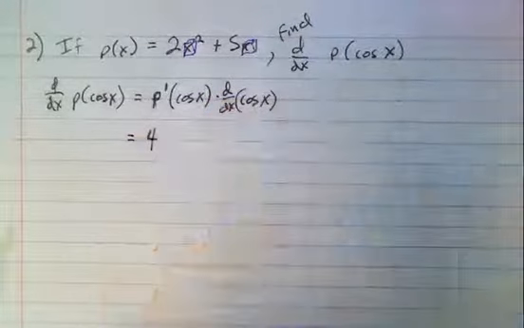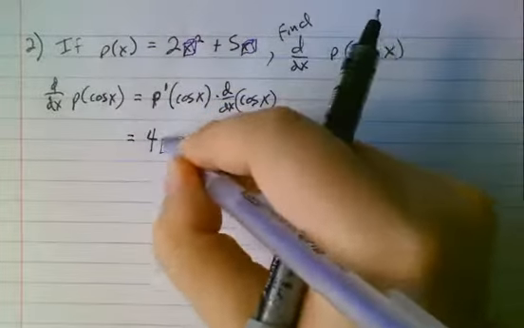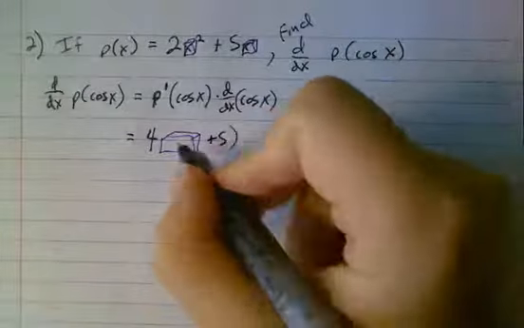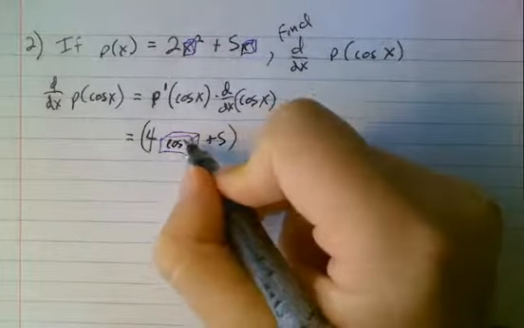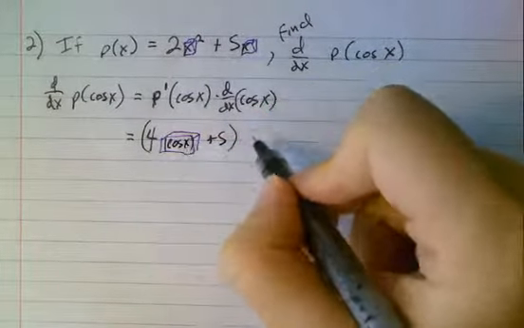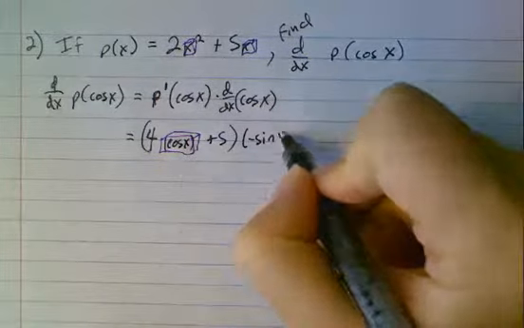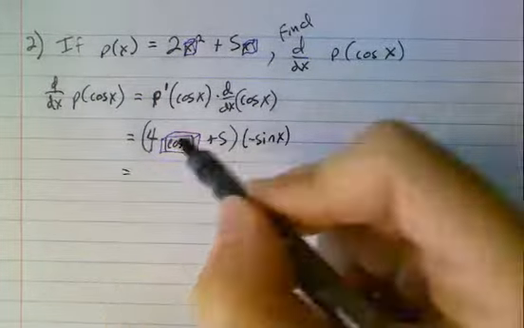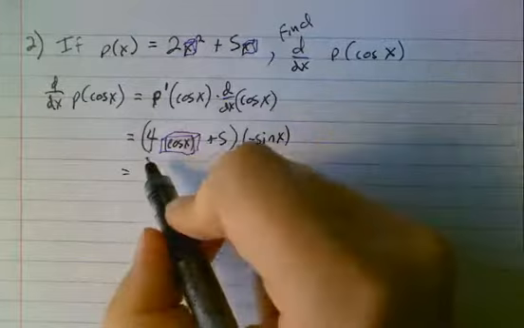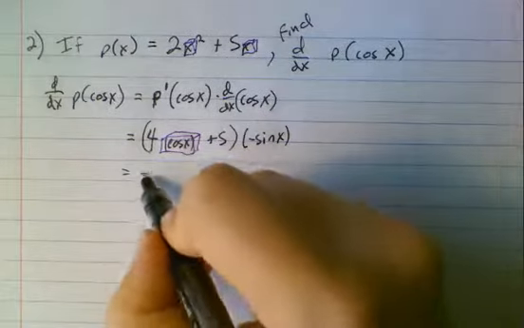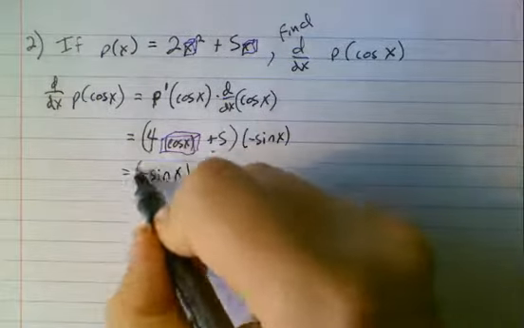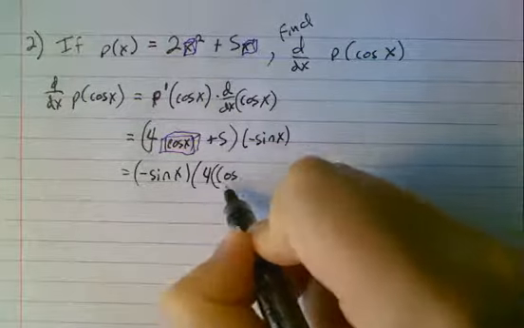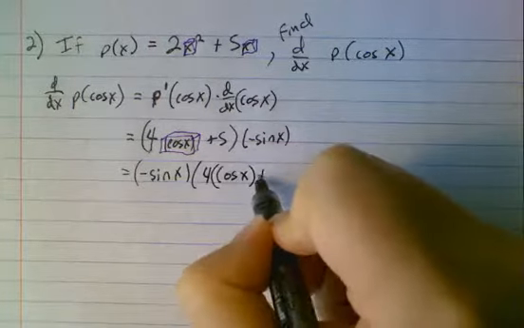So that means we would have 4 box plus 5. Inside that box is the cosine of x. And the derivative of cosine of x is simply negative sine of x. So our answer would simply be negative sine of x times 4 cosine x plus 5.